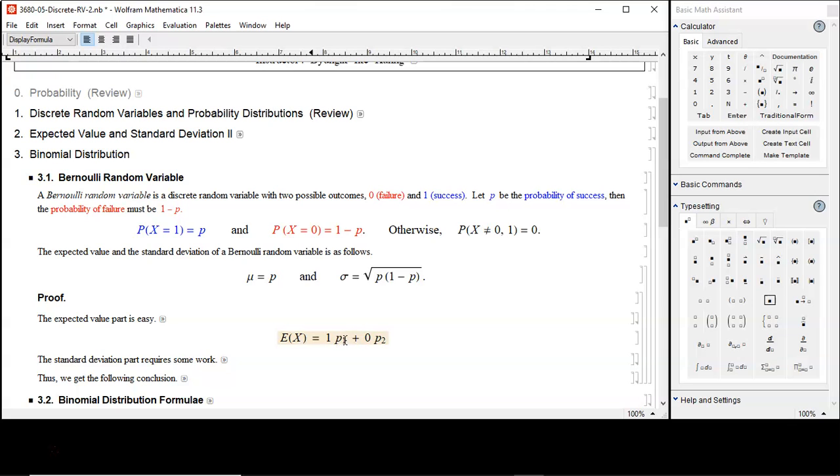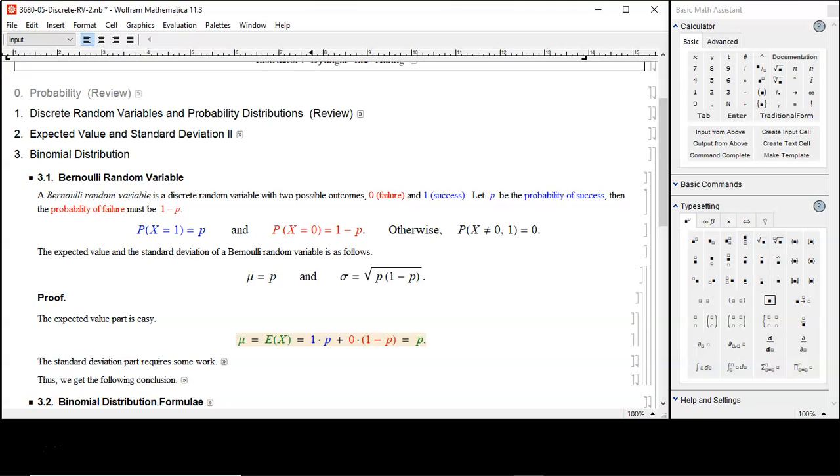And the probabilities are p for success and 1 minus p for failure. All right? And what is this quantity? It's easy, it's p. So the expected value is p, and here's the computation with appropriate color coding.